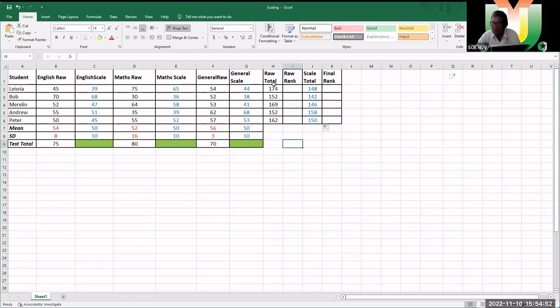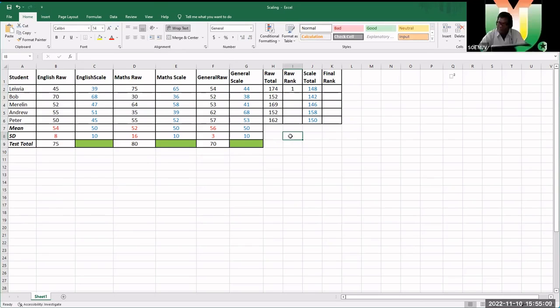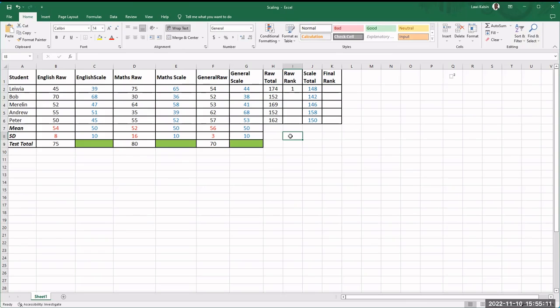Okay, but by looking at the scores, who got the highest score? Lewia. So Lewia comes first. Second one, Marilyn. Marilyn comes second.